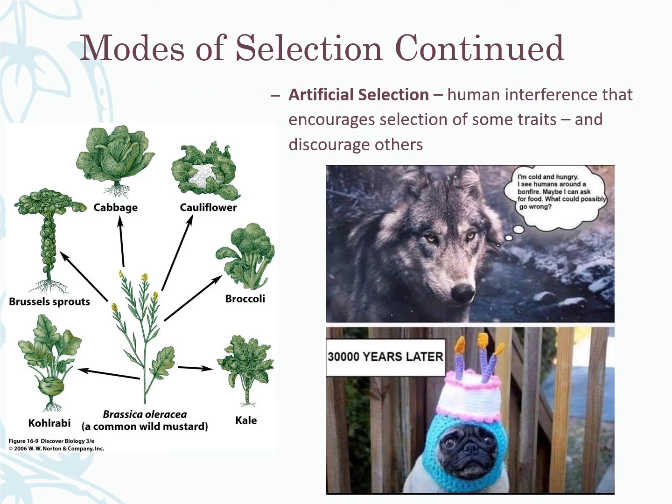The last mode of selection is artificial selection. So this is where human interference encourages selections of some traits and discourages others. So this is how we went from a wild animal similar to the gray wolf and turned it into Chihuahuas, pugs, German shepherds.